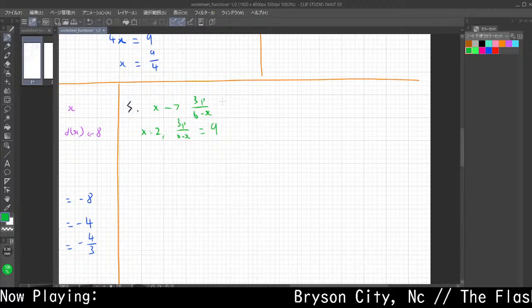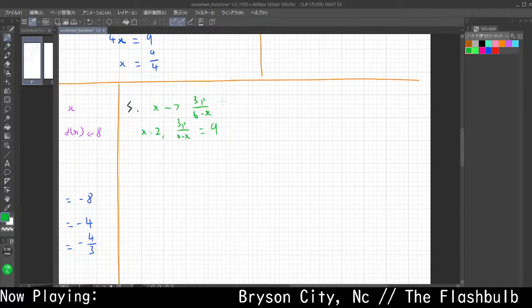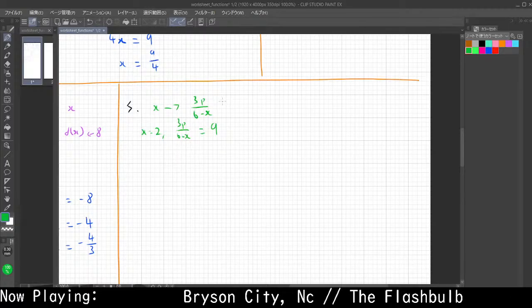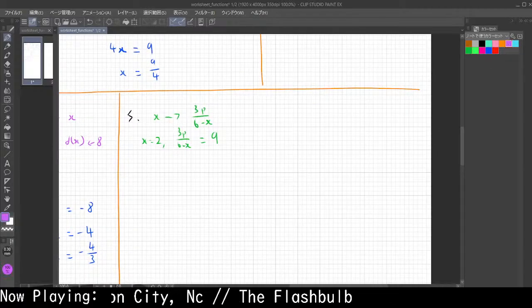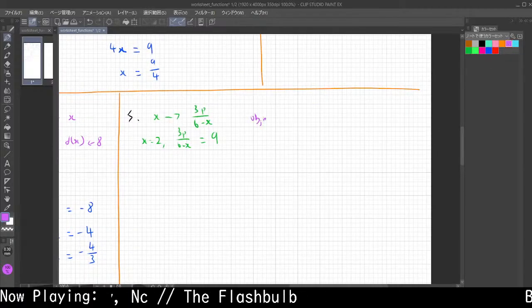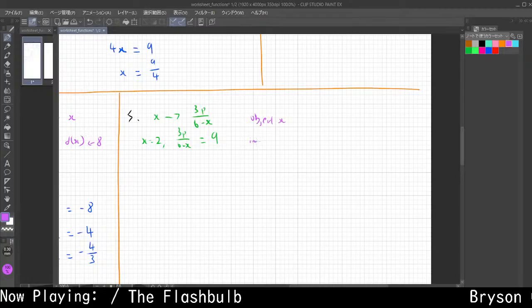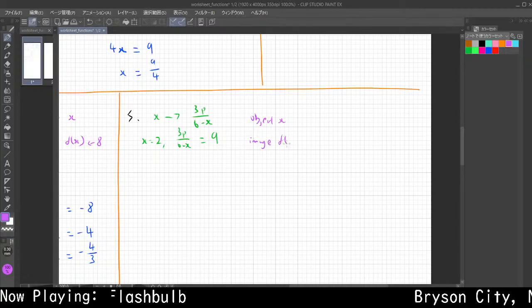But you also have question A, where you want to state the object with no image. What we mean here is that your object is your x, your image is your f(x).